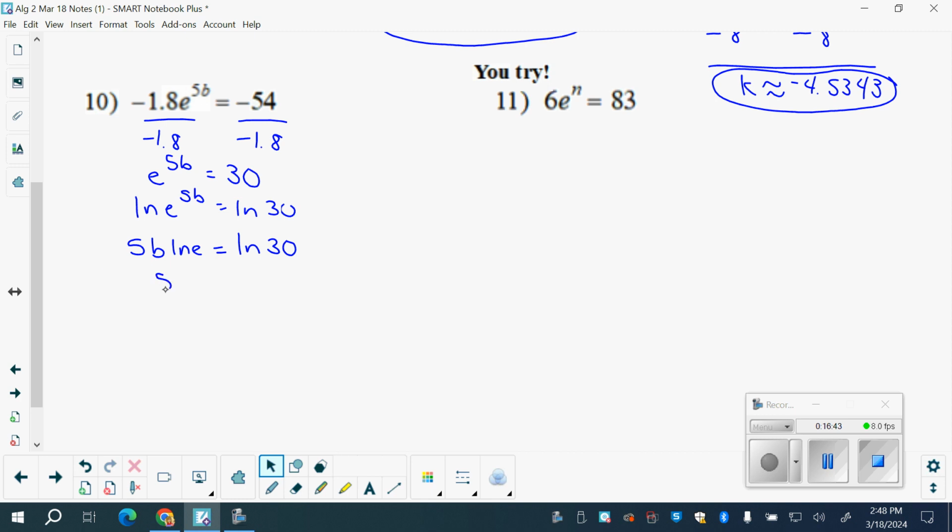Write it as another step. And then go ahead and do the try.